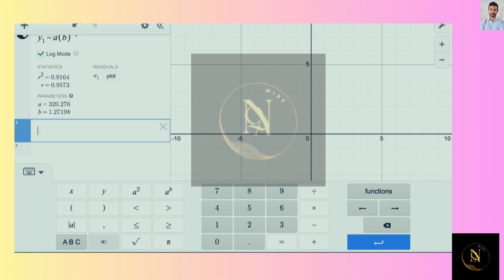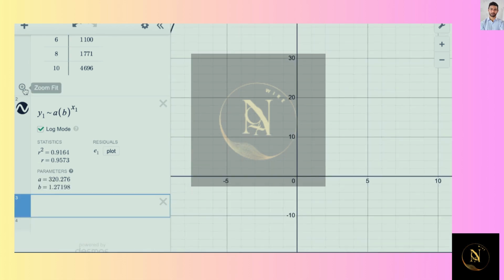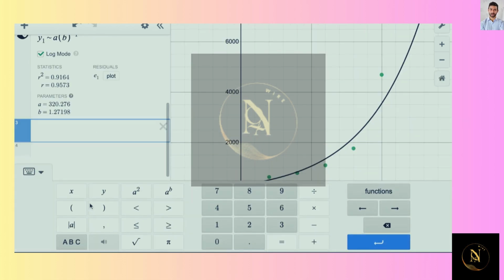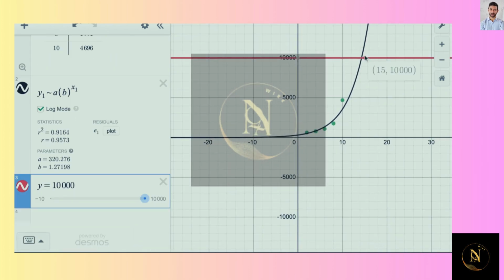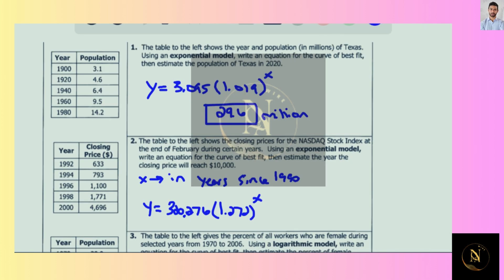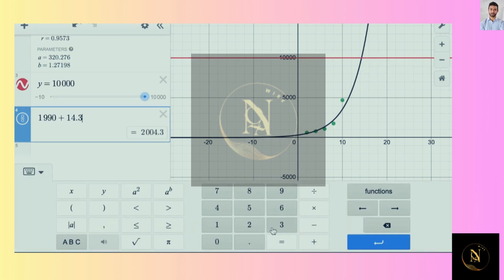In this instance, instead of solving, I'll use the technology and just say, when is y going to be 10,000? And we can interpret this as 14.3, which would be 14.3 years from 1990, which would put us in the year 2004.